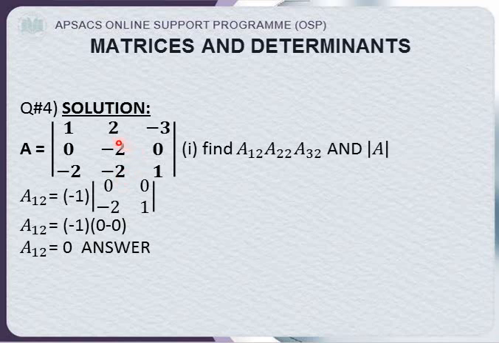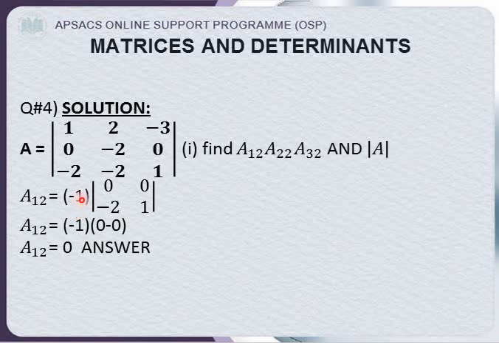Now question number 4: find a12, a22, a32 and find the determinant. So a12, how can we take a12? First row, second column is closed. Then minus 1 raised to the power 1 plus 2, that is minus 1 raised to the power 3, which is minus 1.